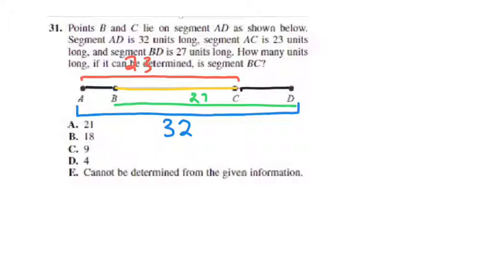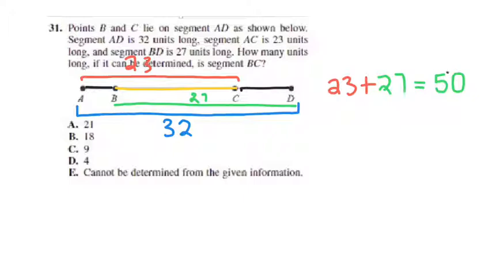Okay, so starting with the red piece is originally 23 plus the green piece is 27, so that'll give me what they're all total. Okay, including that overlapping section, but total what those are together is 50.